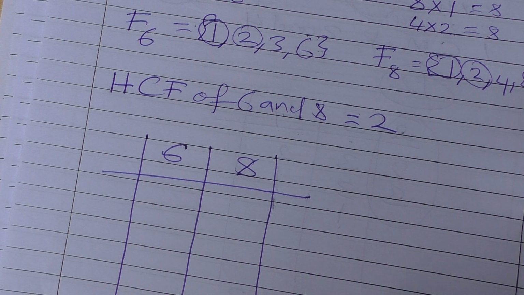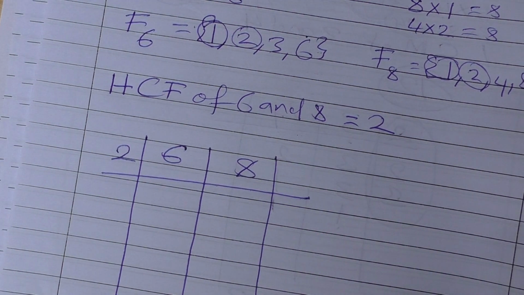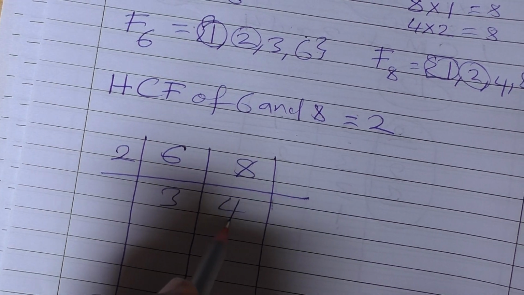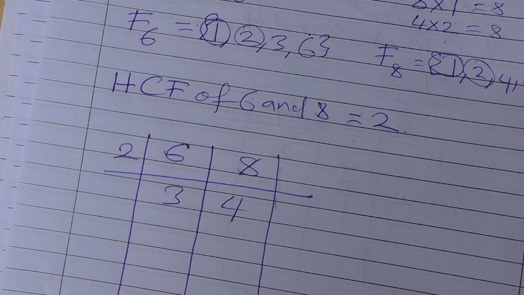For instance, 2 divides both to give us 3 and 4. After getting 3 and 4, we have no other number that divides them apart from 1. And remember, we are using prime factors, so we shall not divide by 1 because it's not a prime factor.